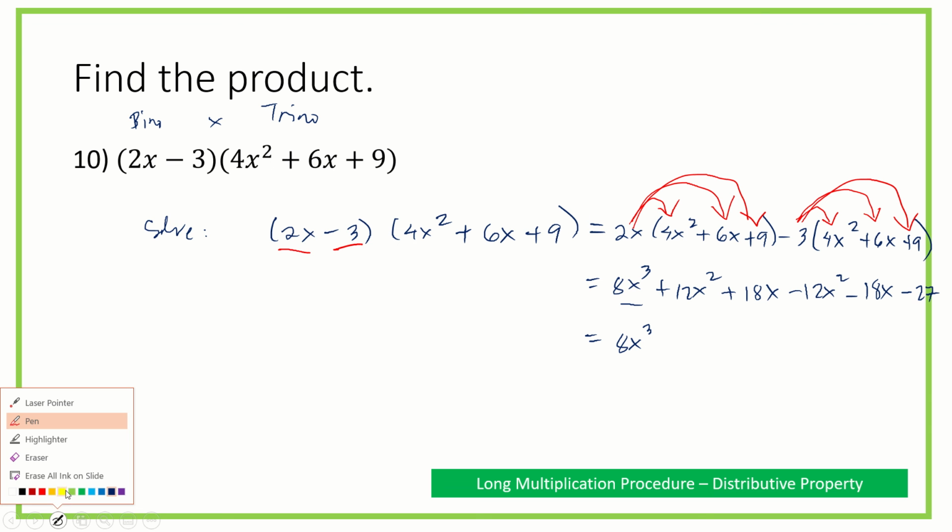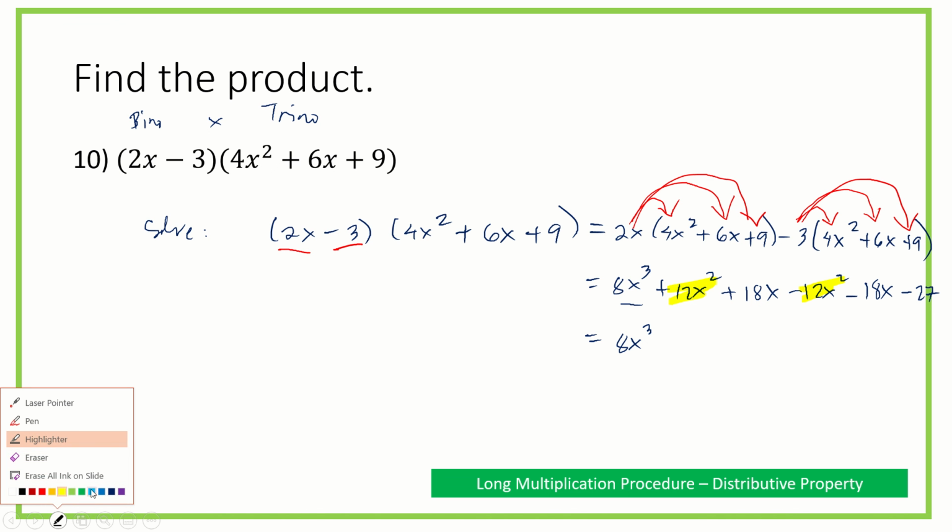Now, if you look at this one, 12x squared and negative 12x squared are like terms because they have the same literal coefficient x squared. But the coefficients are 12 and negative 12, and that makes it 0.